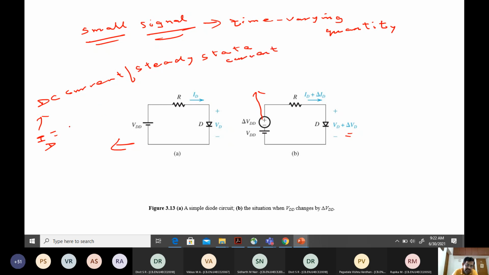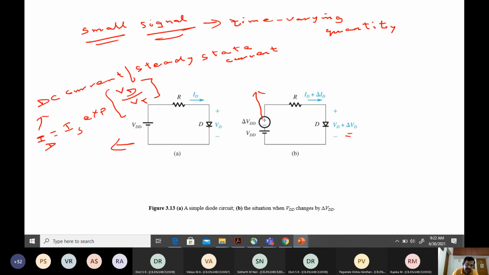This expression we know: ID equal to IS exponential of VD by VT. Actually it should be the voltage, so VD by VT, that is the voltage that we are applying.